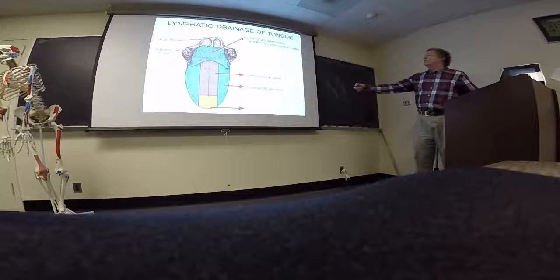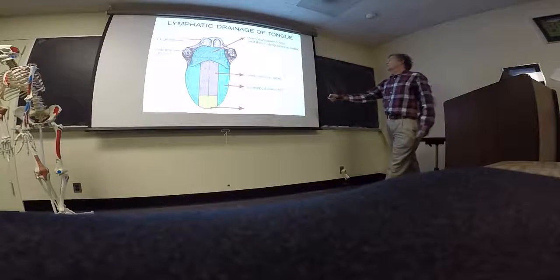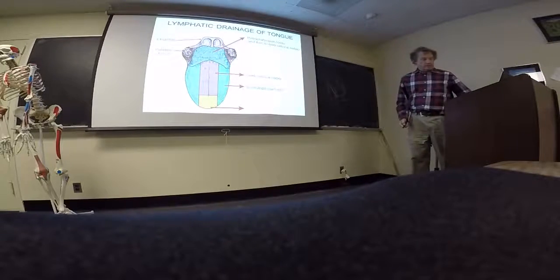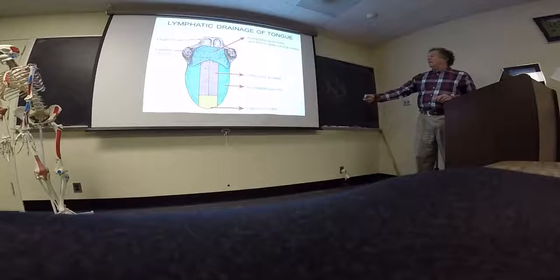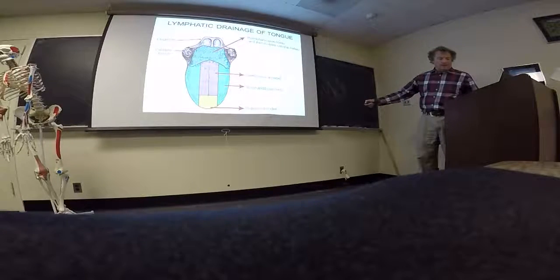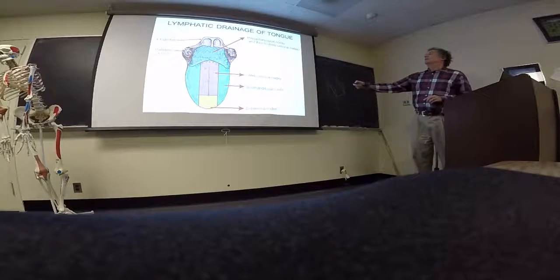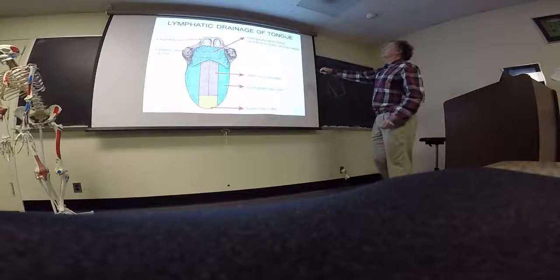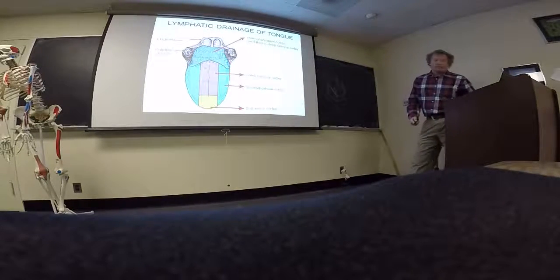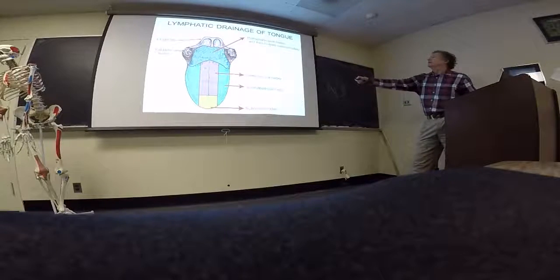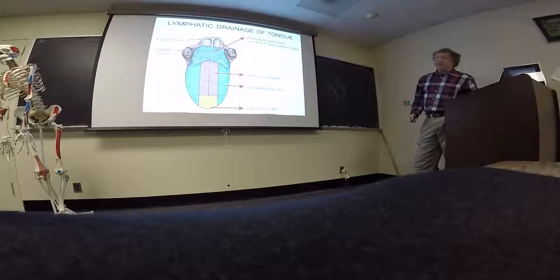The lateral parts of the front part of the tongue are going to those submandibular nodes, and the anterior tips going into the submental nodes. So realize the tongue drains in many, many different directions. So cancer of the tongue can have stuff spreading all over the place.